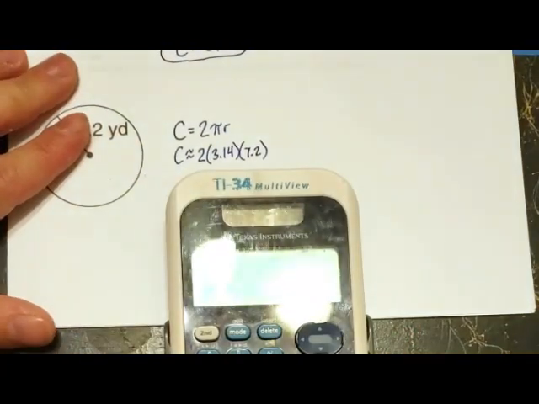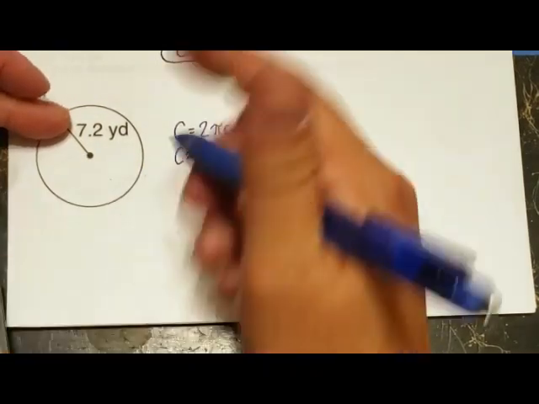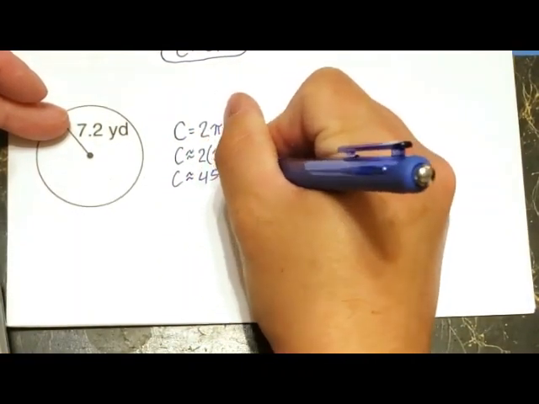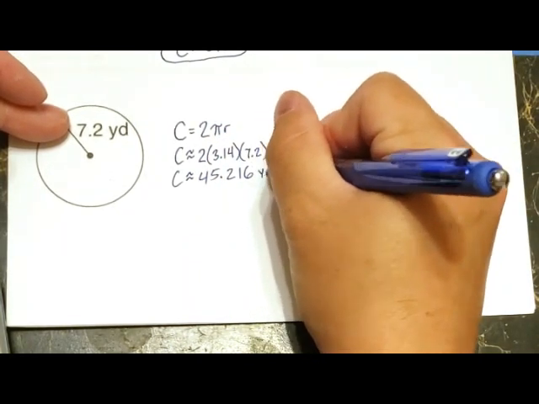All right, and I'm not even going to pretend to know what that is. 2 times 3.14 times 7.2 is 45 and 216 thousandths of a yard.